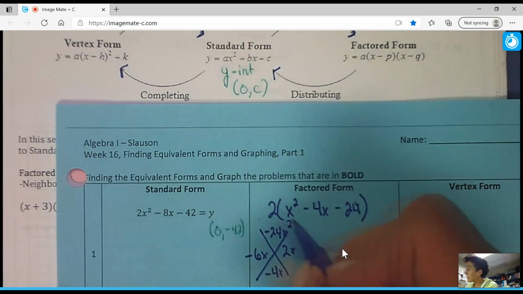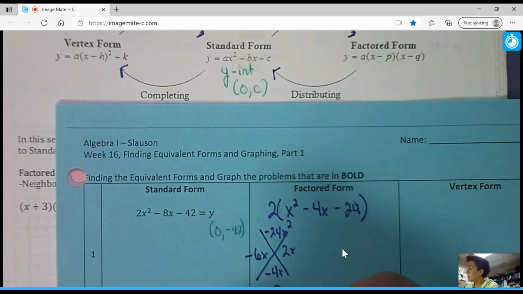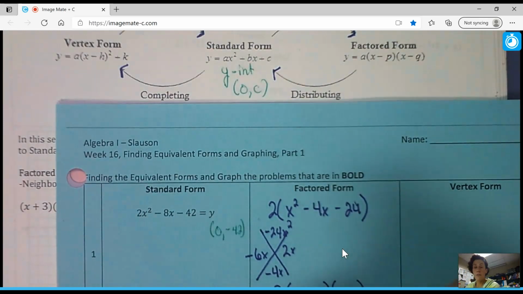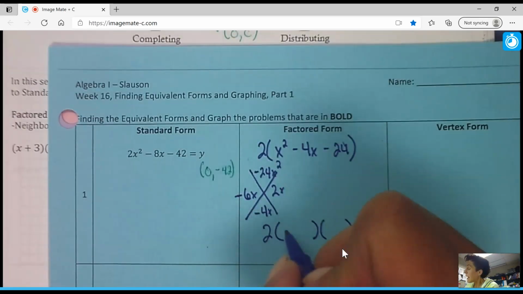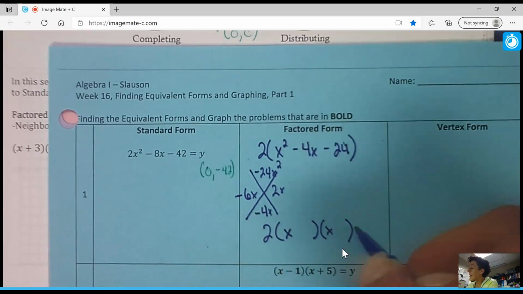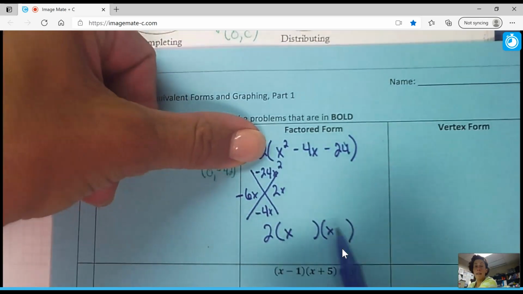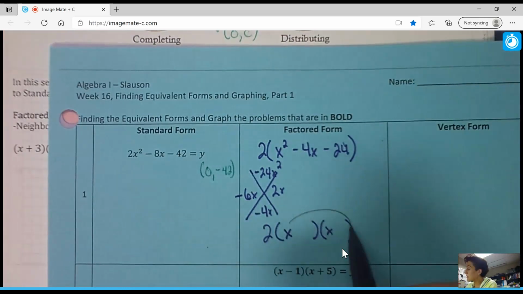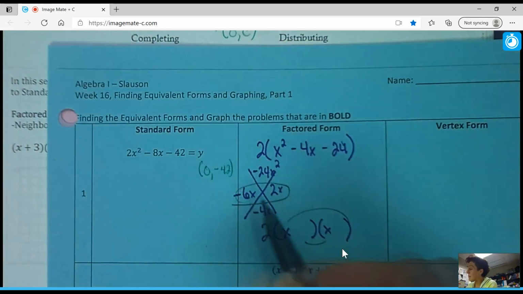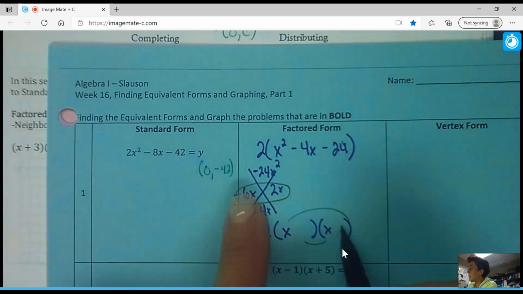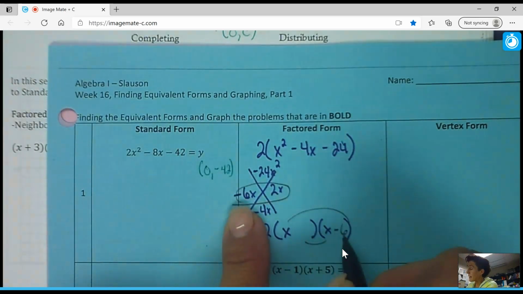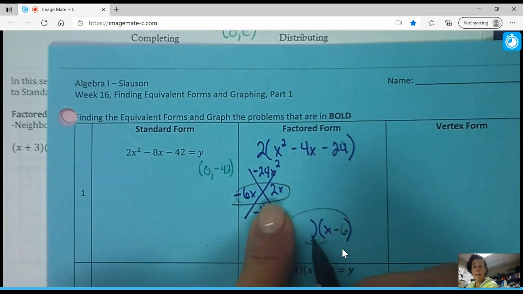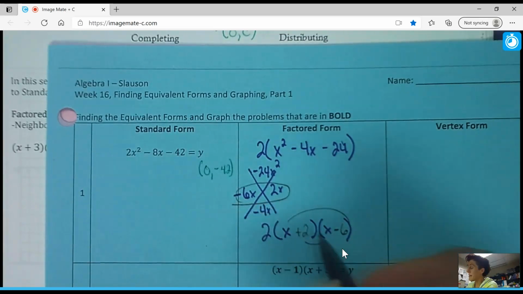And now joining the 2 will be my new set of factors. The 2 is the first factor, it's the greatest common factor. I'm going to go ahead and put the x's in there, and x is all I need because x times x is x squared. So now what I can do is do these loops to get these side numbers. And x times what makes -6x, that's a -6, and then x times what here can make that 2x, and that's a +2.